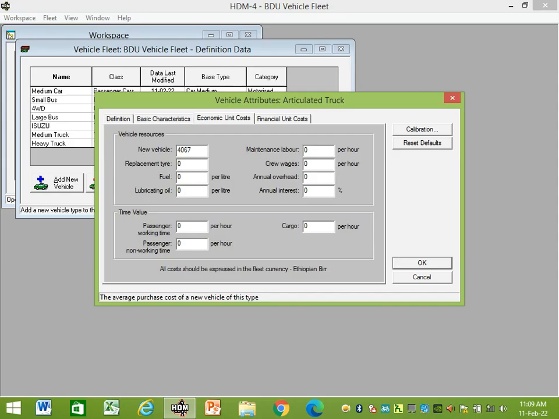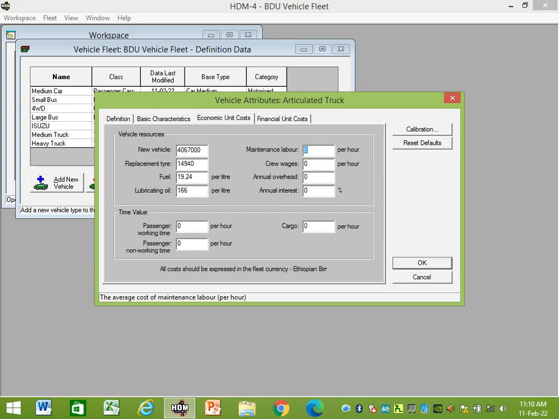Economic is 4,067,000. This is a replacement tire 14,940. Fuel 19.24. Lubricating oil 166.